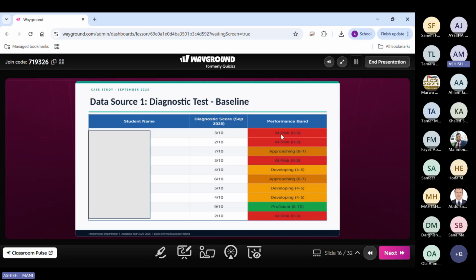Those scoring 0 to 3, I put them at risk. And those who are developing and approaching, I put them at 4 to 7. This is what I used in my diagnostic test, so I can give instructions and provide support to the students according to the framework.